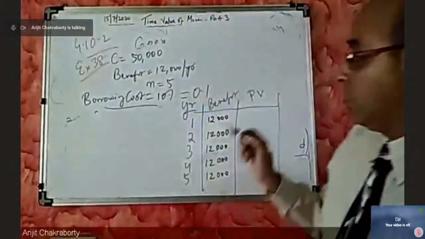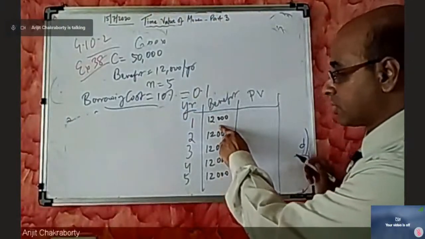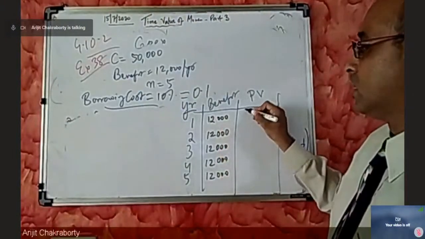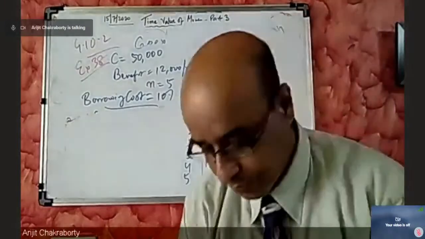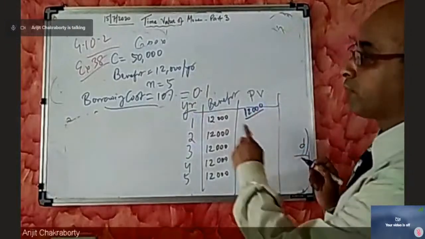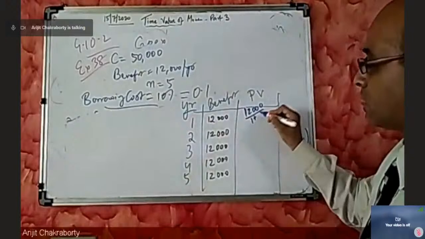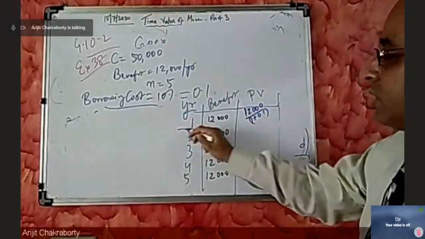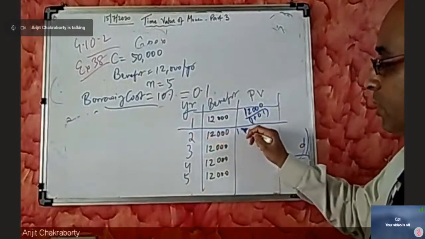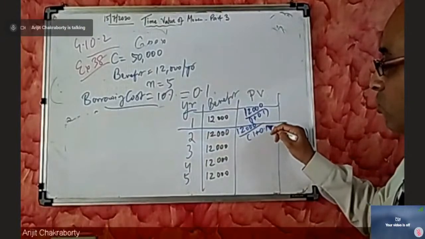So first year the benefit you will get is 12,000. The present value is 12,000 divided by 1 plus I. I is 0.1, 10%. So 1 plus 0.1. First year is over. For second year, the present value is 12,000 divided by 1 plus 0.1 square.